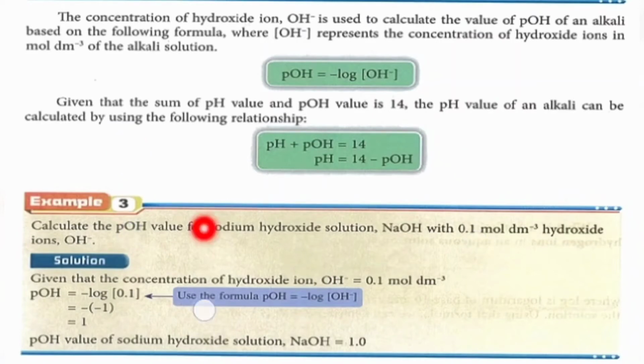So just use the formula pOH is equal to negative log the concentrations of hydroxide ion. So here given 0.1, we just put 0.1 here, and then just press your calculator. So here negative log 0.1 is 1. So now the pOH value for the NaOH is 1.